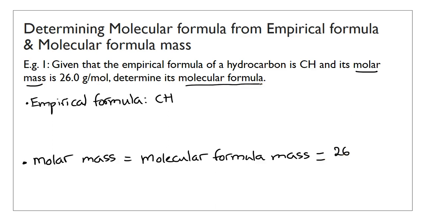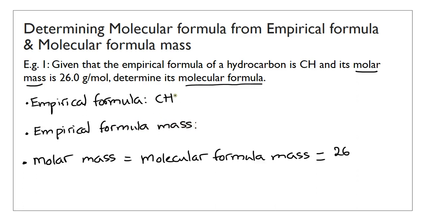So if you're given the empirical formula and the molecular formula mass, and you need to find the molecular formula, there's only one extra piece of information that you need to find, and that is the empirical formula mass. And you can work this out using the periodic table and the empirical formula that's already given to you.